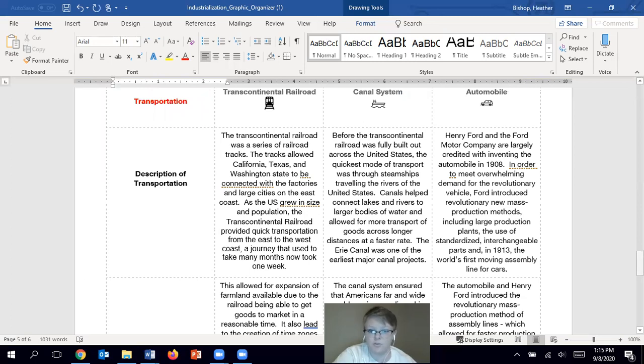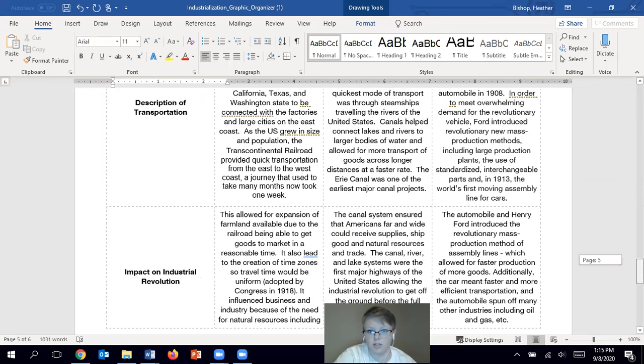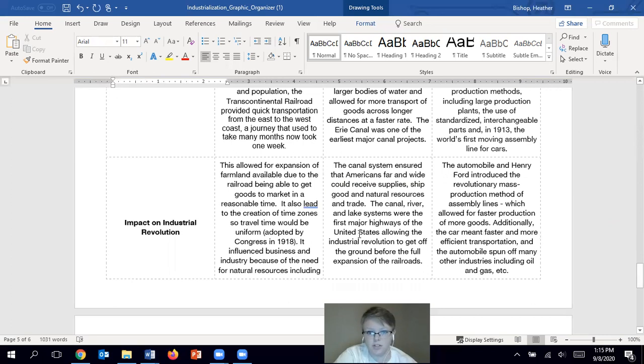The Erie Canal was one of the earliest major canal projects. Canal system ensured that Americans far and wide could receive supplies, ship goods, and natural resources and trade. The canal, river, and lake systems were the first major highways of the United States, allowing the Industrial Revolution to get off the ground before the full expansion of the railroads.